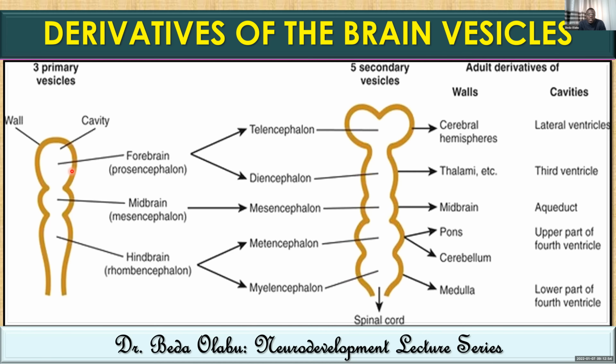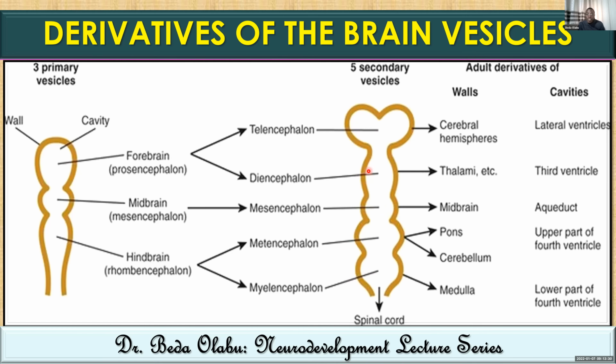So the retina and the optic nerve is also a derivative of the wall of prosencephalon, although extrapolated here, many books will also show that perhaps it will be attaching to the diencephalon, or sometimes some books show it attaching to the telencephalon. But the concept here is that that thing comes a bit earlier, before even the separation of the secondary vesicles. But eventually, yes, it was part of this.